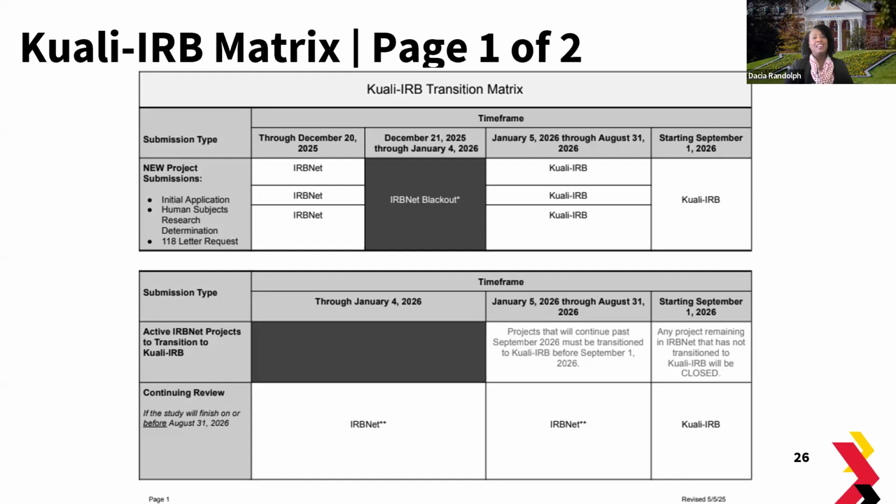So you won't be submitting anything new into IRBNet during this time frame of January the 5th through August 31st, 2026. Then starting on September the 1st of 2026, full-on IRB access only for Kuali-IRB. So IRBNet will be decommissioned and you cannot refer back to it for even your active protocols and projects.